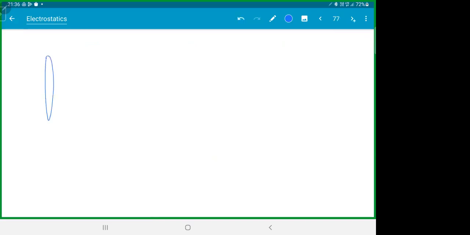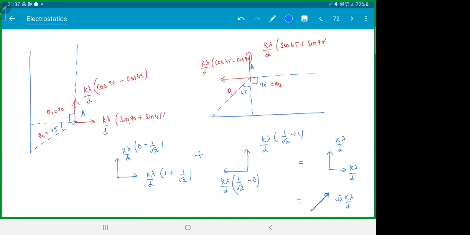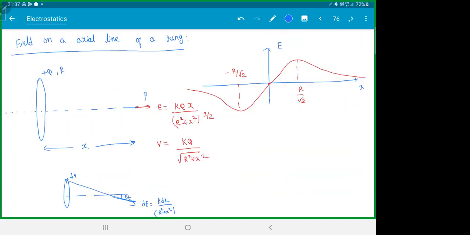Let's say we have two rings here. This one has a charge q, radius r.